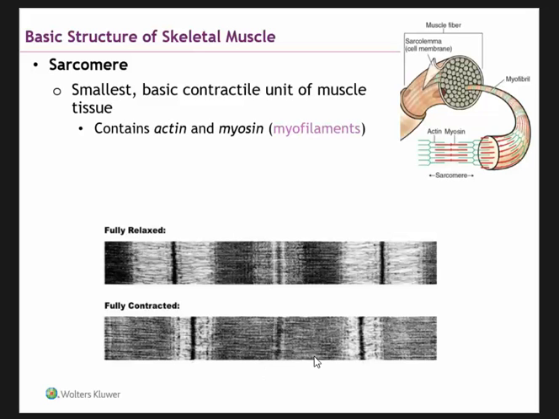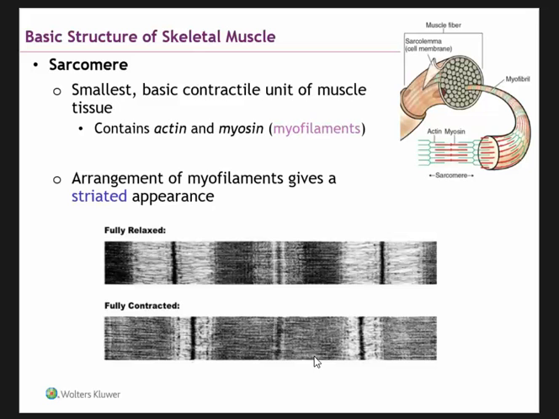What causes this? It's called a striated pattern, or striations. So the arrangement of these myofilaments causes the striated appearance. When the muscles relax, there's no movement occurring. The dark components here, that's your myosin filament, and then the white lines are the actin filament, and you can see we've got these different bands that we see across.